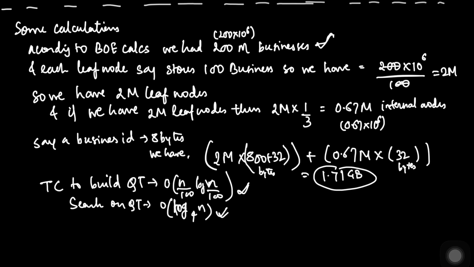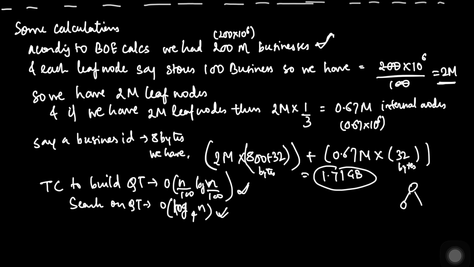So our quadtree would have 200 million by 100, that is 2 million leaf nodes. There is a mathematical reference which says that 1 by 3 of the number of leaf nodes are basically the internal nodes of a tree.